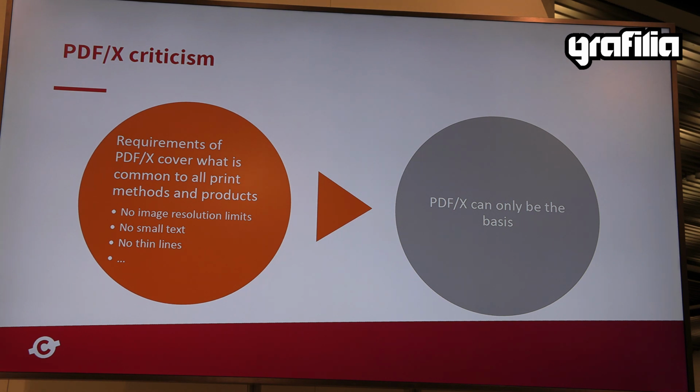It can't specify a minimum text size, because that depends on the print product. It can't say what the minimum line thickness is, so all of this is unspecified in PDF/X. And it should be specified in a PDF prepress workflow. So we could use PDF/X as a basis, but we should do something more.